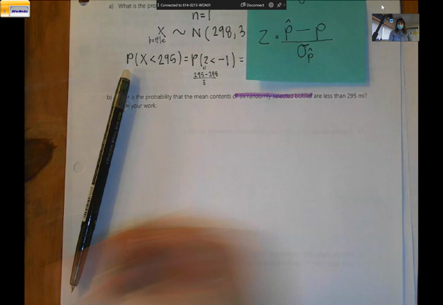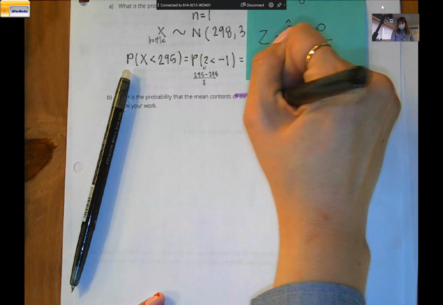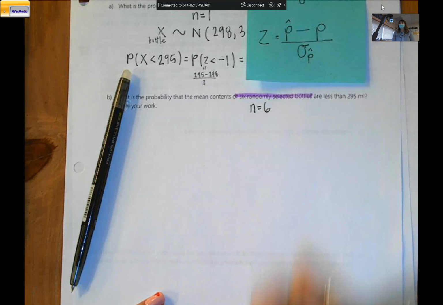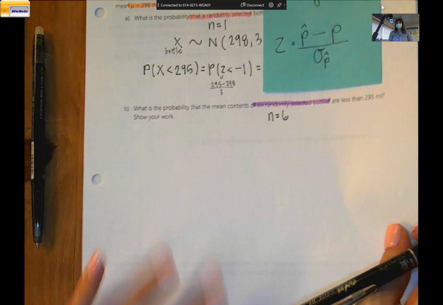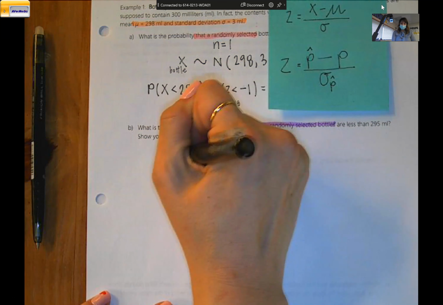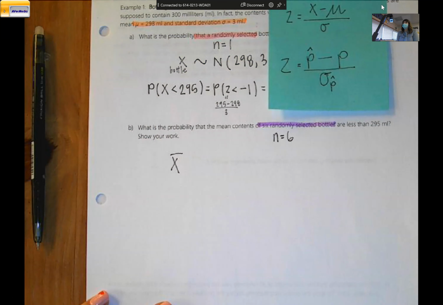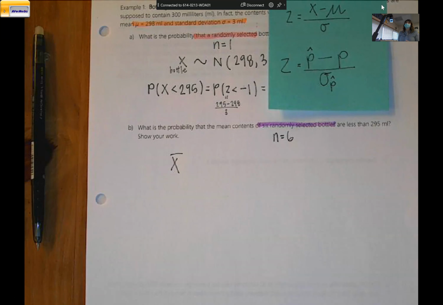So this time, n is equal to 6. So now we have to do x bar. We're no longer looking at a single bottle. We are looking at 6 bottles, and we're going to average it. We're going to add the milliliters in the 6 bottles and divide by 6.